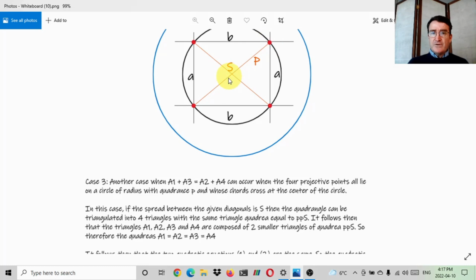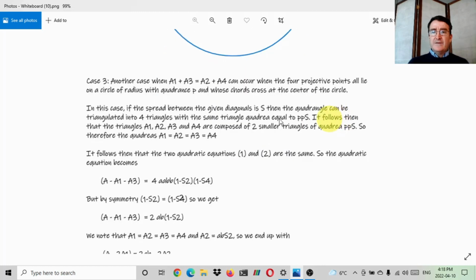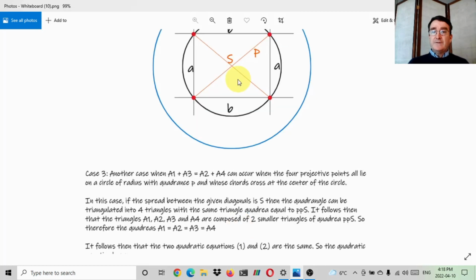So it follows then that the 2 quadratic equations 1 and 2 from the beginning of the video are the same. So the quadratic equation becomes A minus A1 minus A3 all squared is equal to 4 times the quadrances of the sides. So 2 of the quadrances are A and B. So you get 4 times A times B times 1 minus S2 times 1 minus S4.